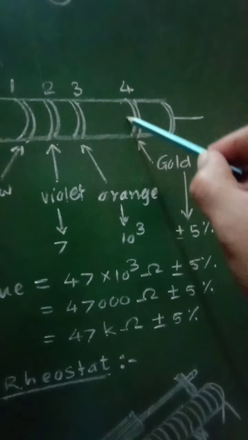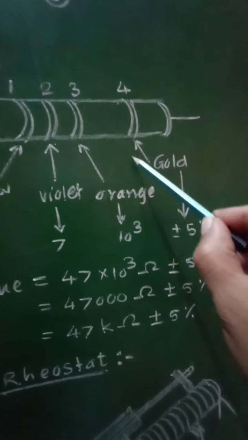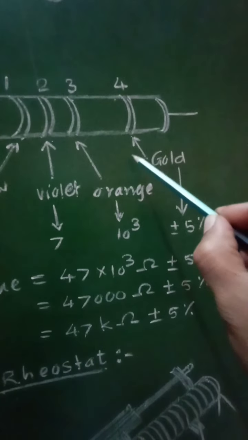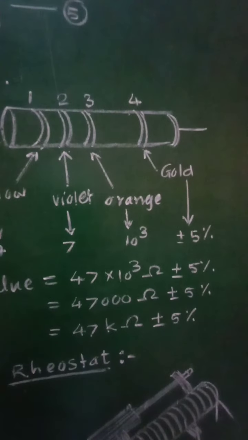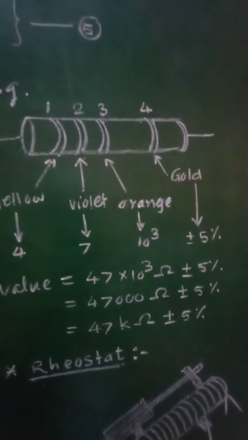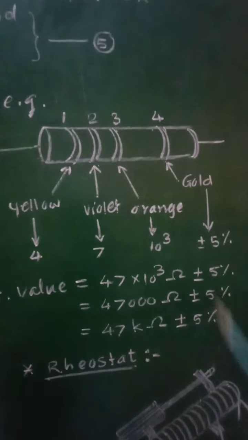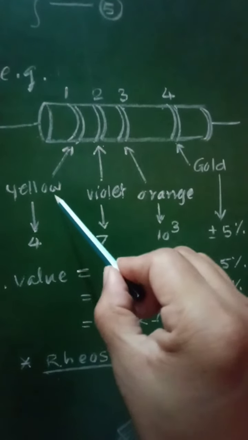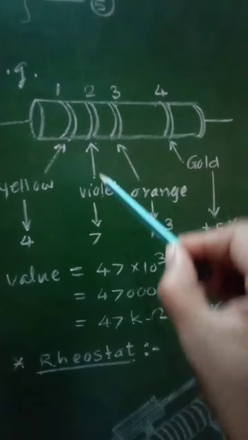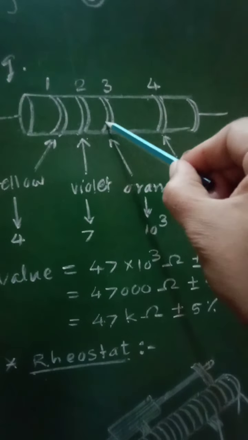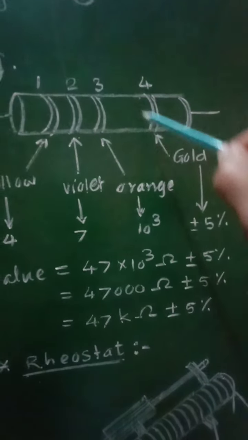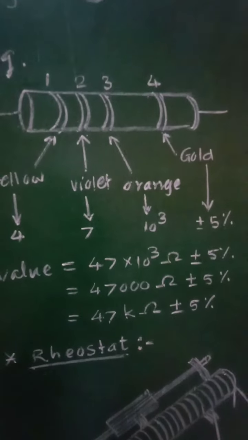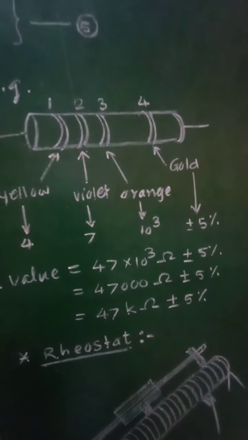If the fourth color ring is absent, then directly we can write plus minus 20% for no color, that will be the tolerance. Now in this example, there are 4 color rings. The first color ring is yellow, the second is violet, the third is orange, and the fourth is gold in color. So we will have to find out its values.